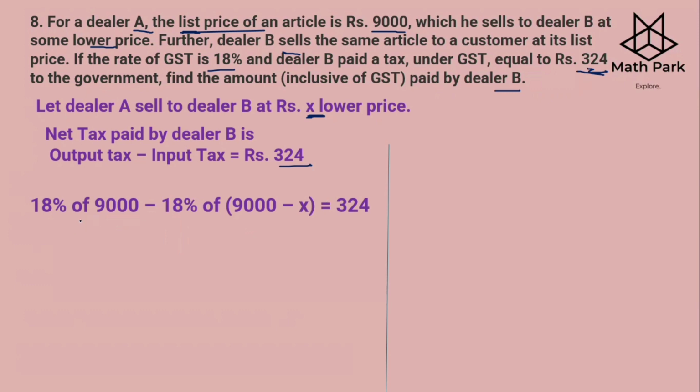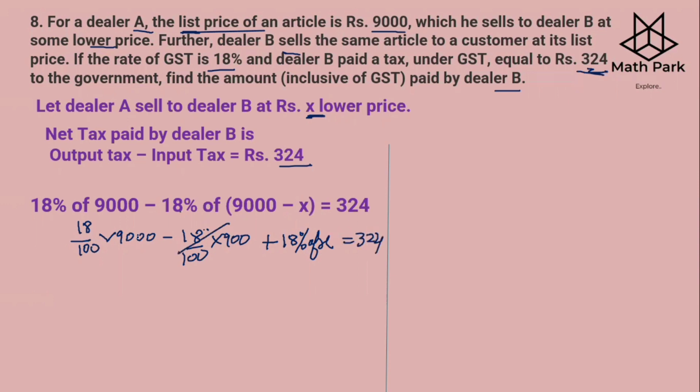So 18 by 100 times 9,000 minus 18 by 100 times 9,000, minus of minus plus 18% of X, 18% into X is equal to 324.